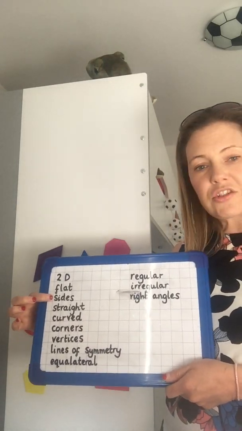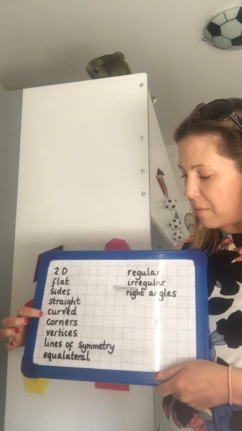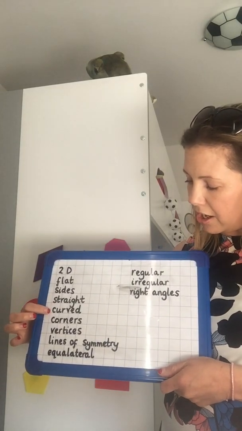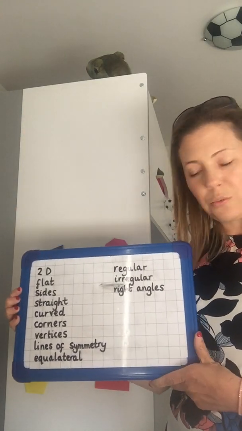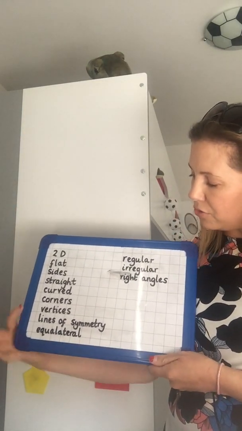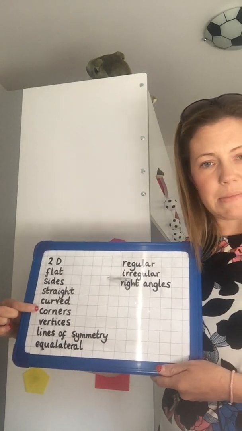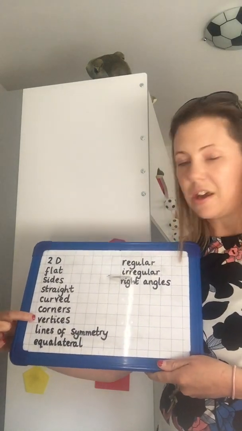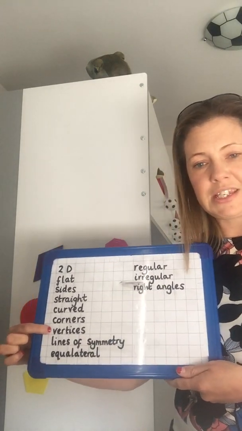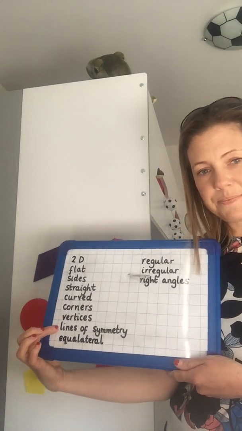And then we described those sides by saying whether they were straight or whether they were curved. And curved is the same as round, but it was just a better word that we liked. And then I've also got corners. And then an even better mathematical word for corners that we used when we did our shapes was vertices. Vertices are corners.